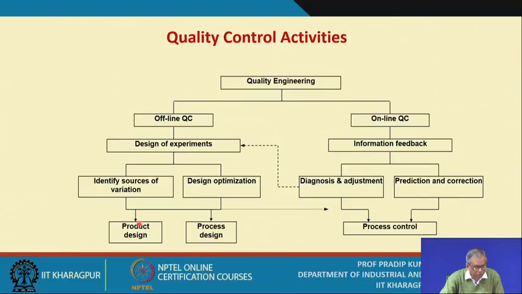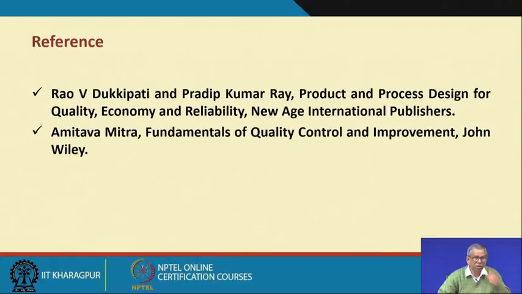Then we refer to the product design, and again to the process design. In this domain we will be using the Taguchi method, and when you refer to online quality control, we refer to process control. So we conclude this session. We will be referring to the next topic in the next session.